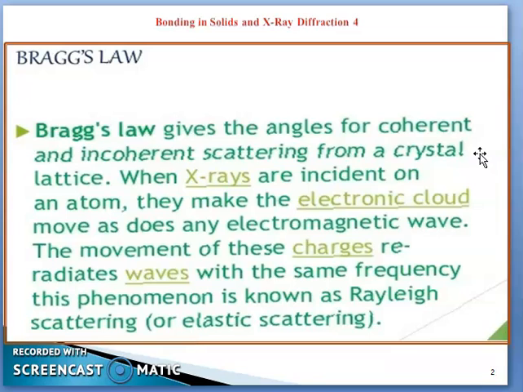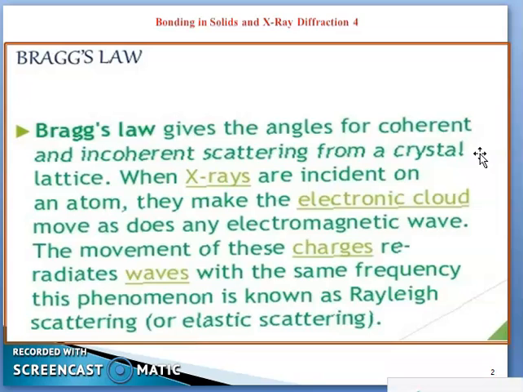See, whenever X-rays are incident on an atom, they make the electronic cloud move as does any electromagnetic wave. The movement of these charges radiates waves with the same frequency. This phenomenon is known as Rayleigh scattering, or elastic scattering.